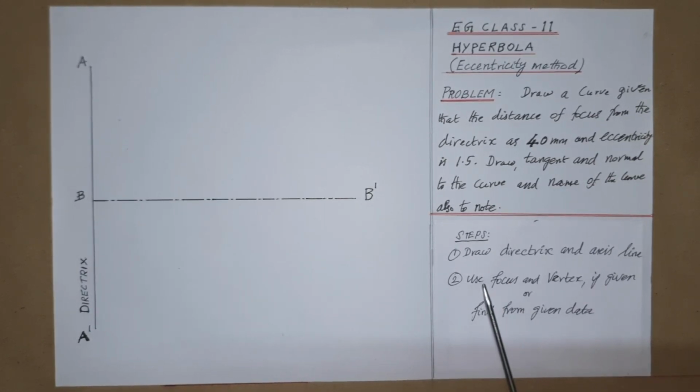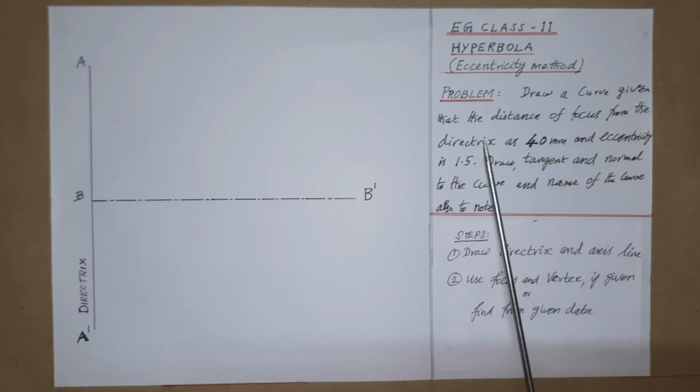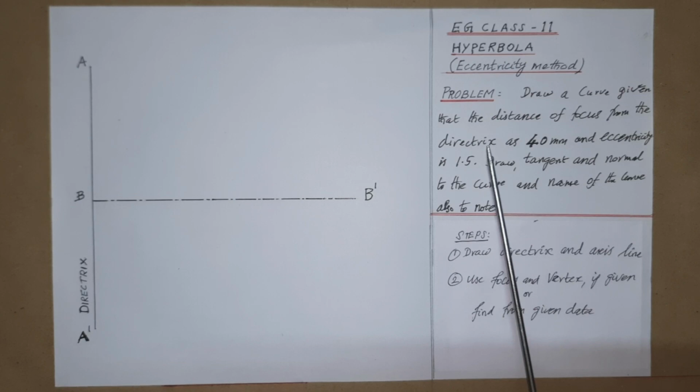Next, as per step 2, the focus and vertex are to be marked on this B dash line. If it is given in the problem like 3/2 etc., the ratio may be used directly for marking.